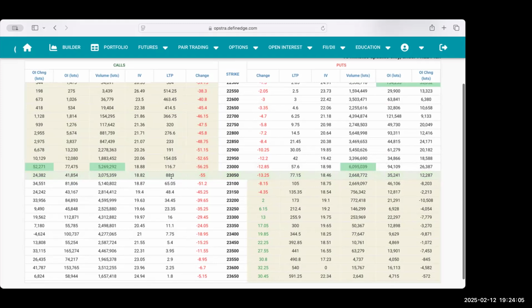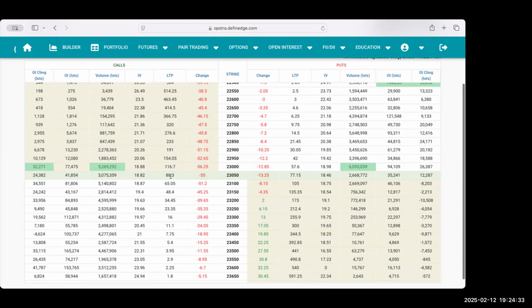I'll explain it in a simple way. Now, if you are an option buyer, you will only invest 88 rupees into 75 quantity, correct? One lot size. So what is your risk per lot? 6,600.